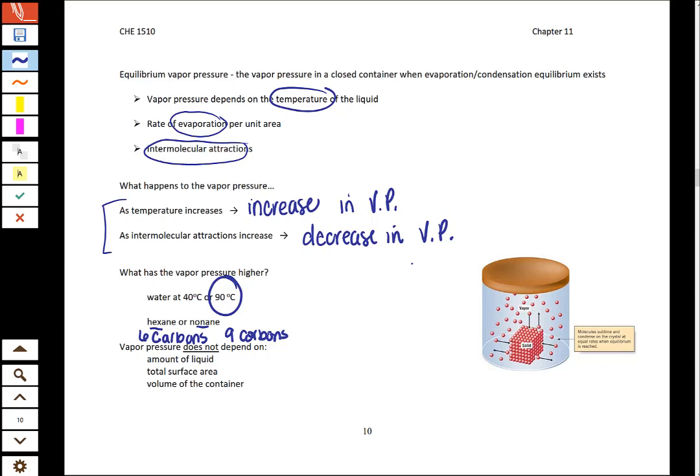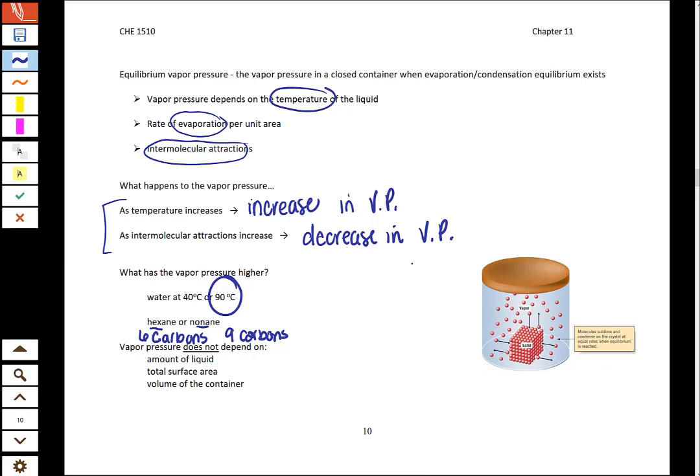So one thing that we didn't explicitly discuss in our intermolecular attraction section is that in addition to intermolecular forces affecting the attractions between molecules, when we talk about London dispersion forces, size matters.